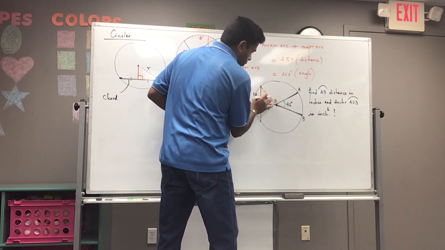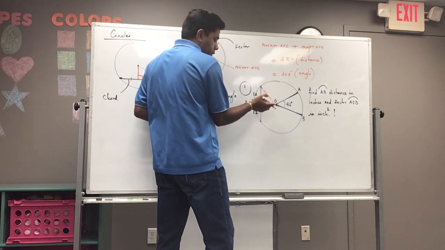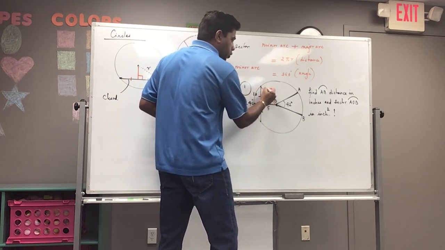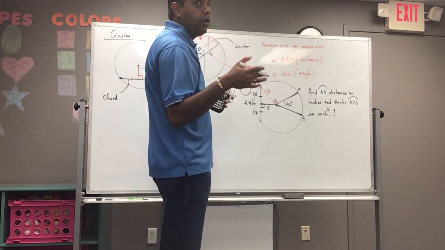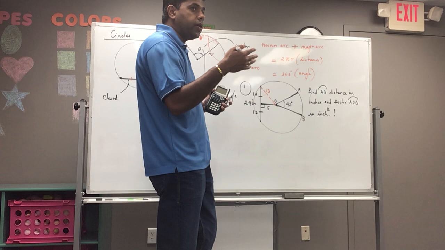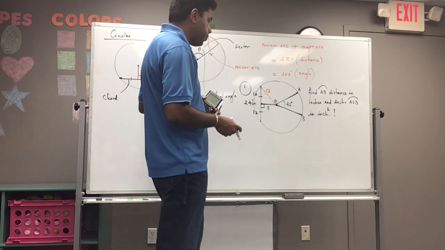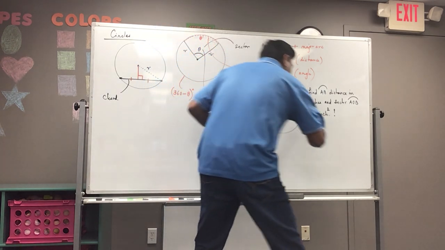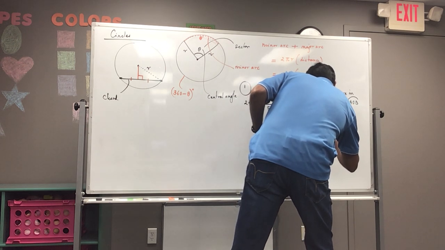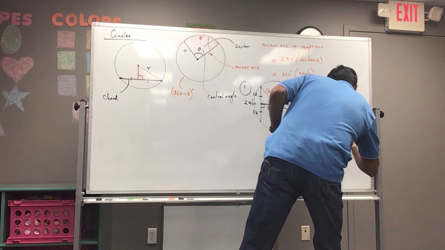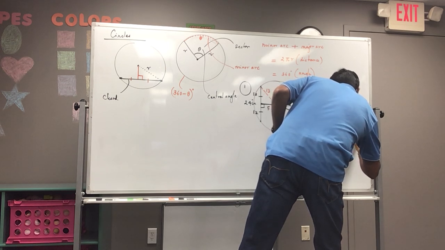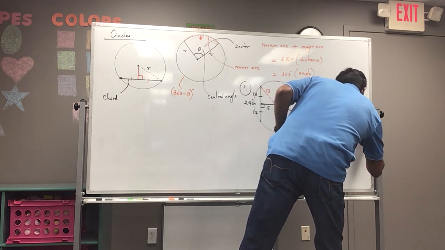Okay, this is my radius. So it's 5, 12, this should be 13, because 5, 12, 13 is a Pythagorean triplet. If you don't know that, you'll have to do a squared plus b squared. So I know the radius is 13. That means I know circumference is 2 pi r. So it'll be 2 pi times 13, 26 pi.